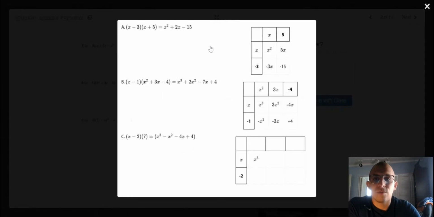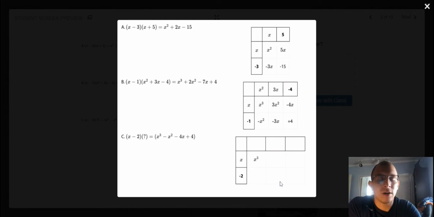On our left-hand side, we have this diagram here, which takes the area model and demonstrates the process for taking an expression in factored form and rewriting it into standard form.